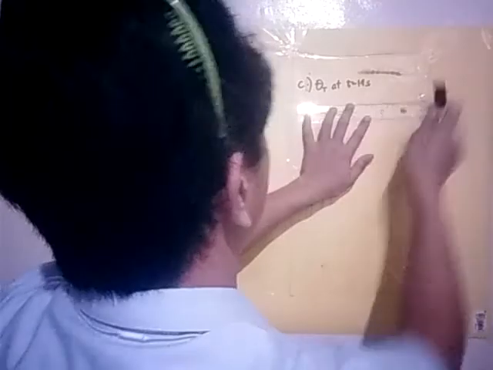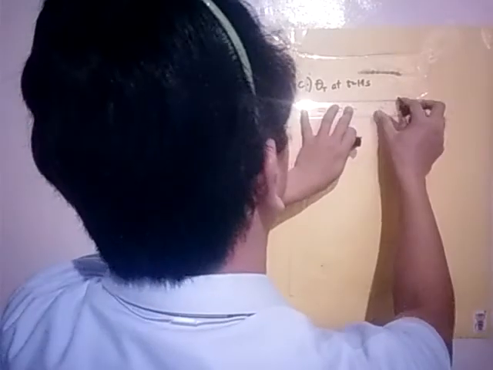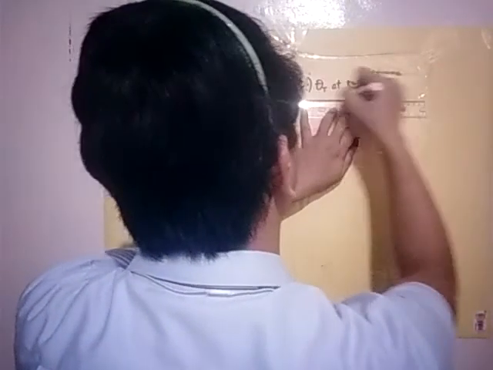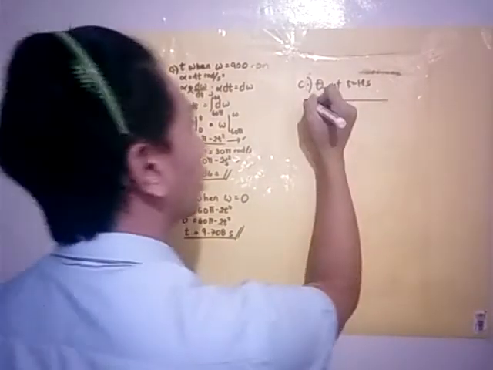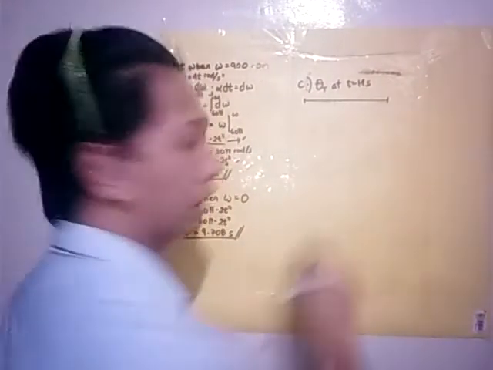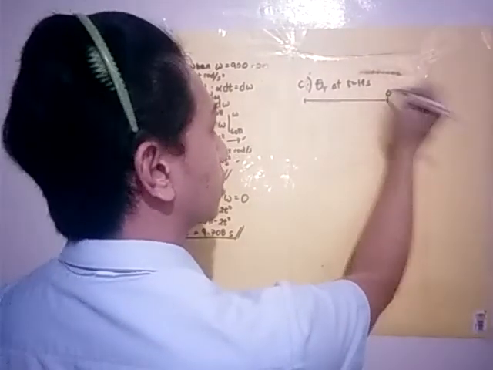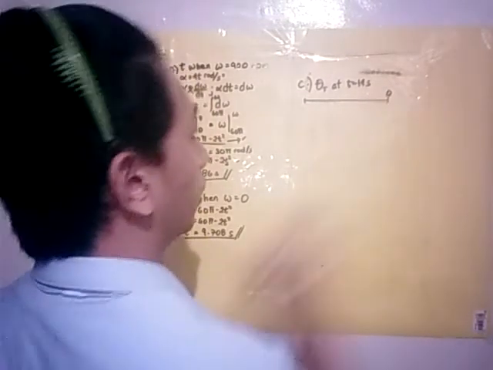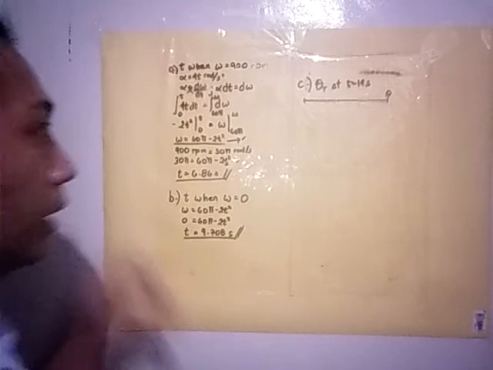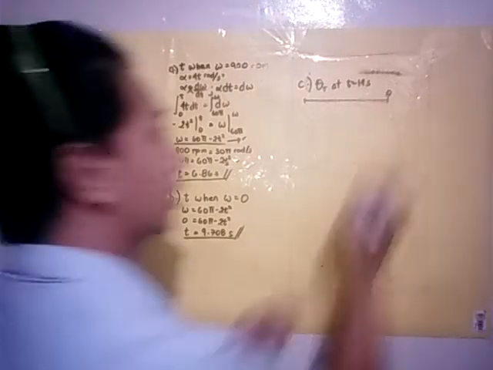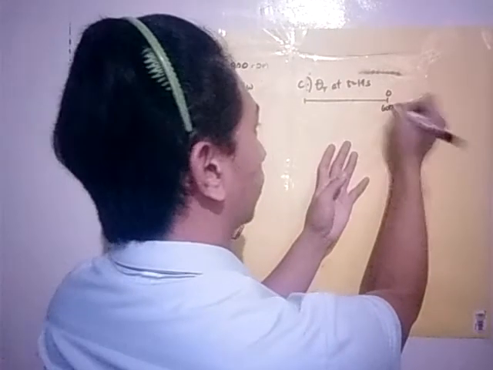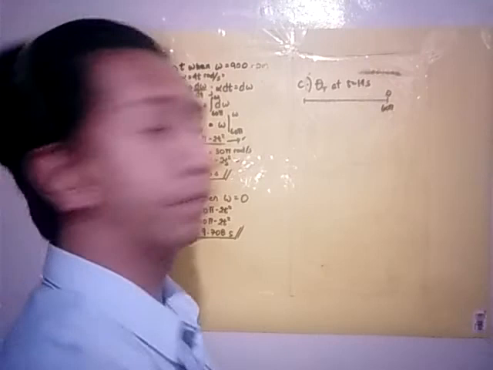It is like this: when time is equal to 0, our angular velocity is 65, or 1800 rpm.